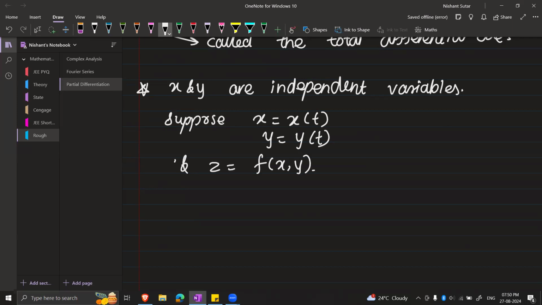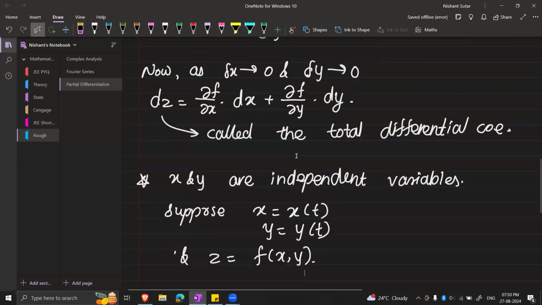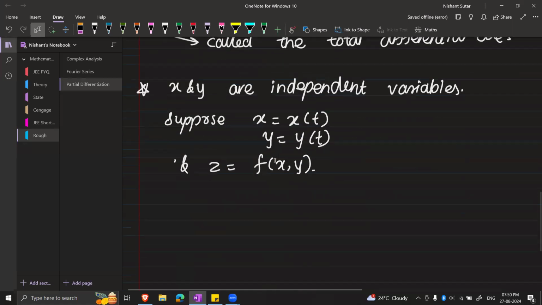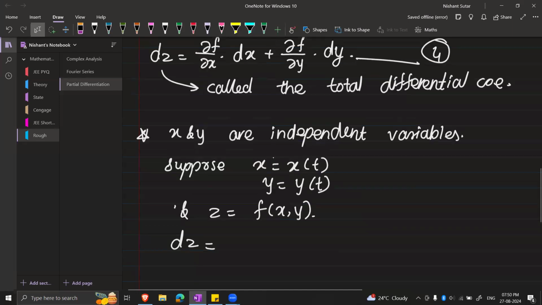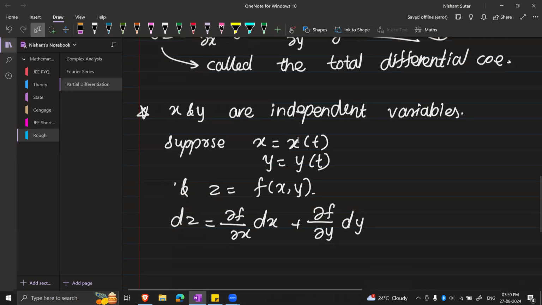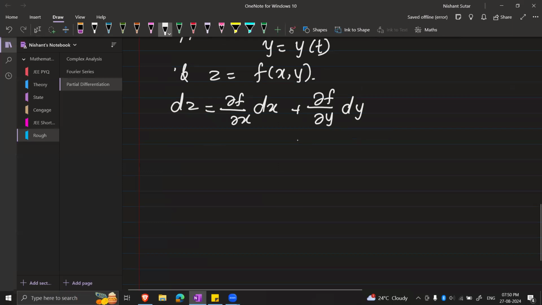Then by the above formula, call this formula 4, I will write it once more. dz is del f by del x dx plus del f by del y dy. This is formula 4. If I divide it by dt, what will I get?